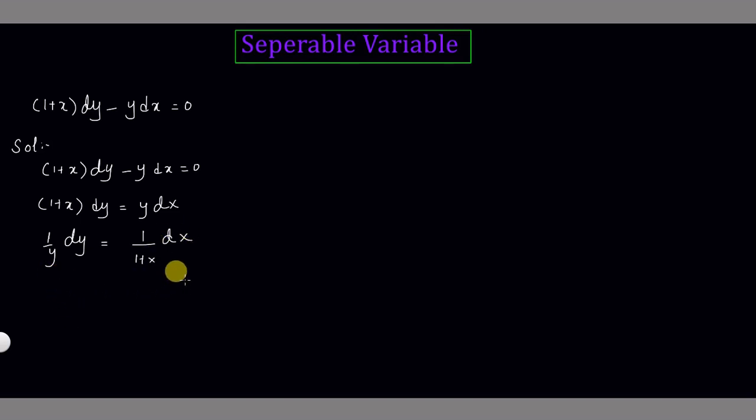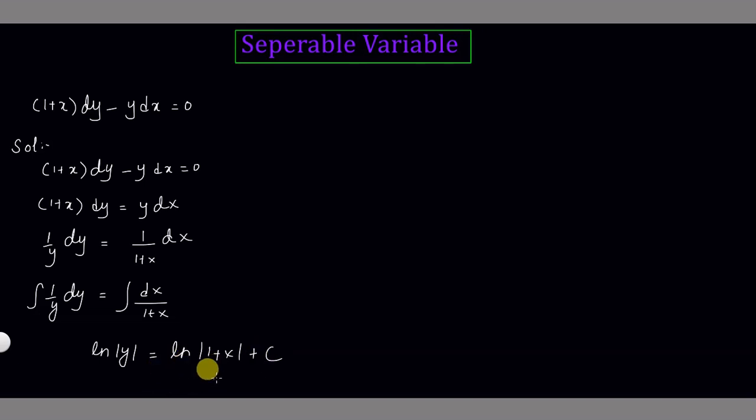Now variables are separated. When variables are separated, you have to integrate on both sides. After integrating, we will get natural log of y equal to natural log of 1 plus x plus c.